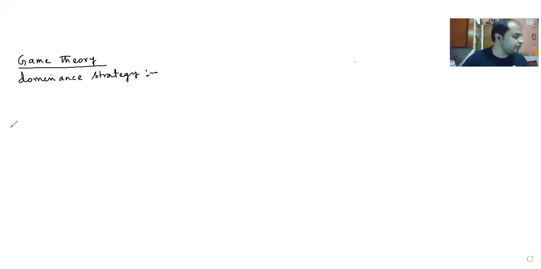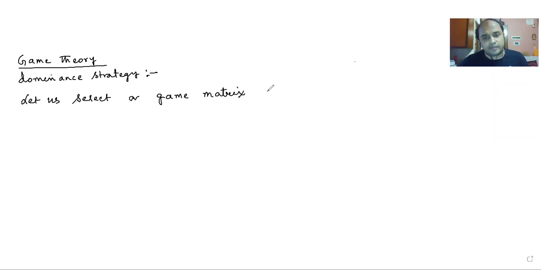I'm choosing a problem from the book which I have shared with you. Let us select a game matrix, which we name capital G. Player A is called the maximizing player, and the strategies of player A are Roman 1, Roman 2, and Roman 3.